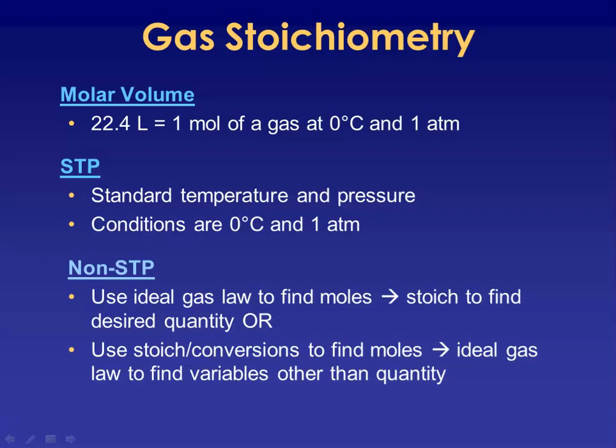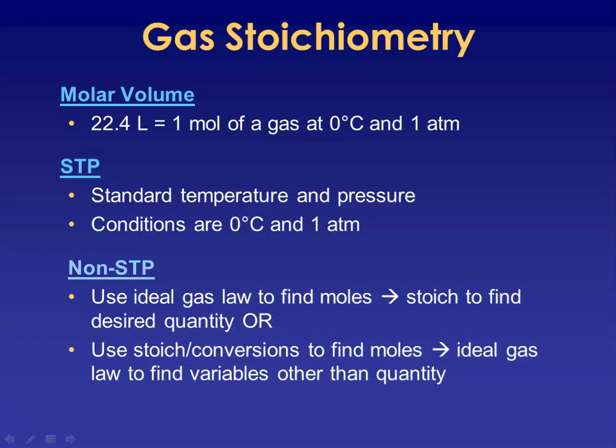So we can use our ideal gas law to calculate the amount of gas that is present, or we could use the ideal gas law once we know the moles of the gas that have been made or used to determine what its volume would be, or its pressure, or what temperature it's at.